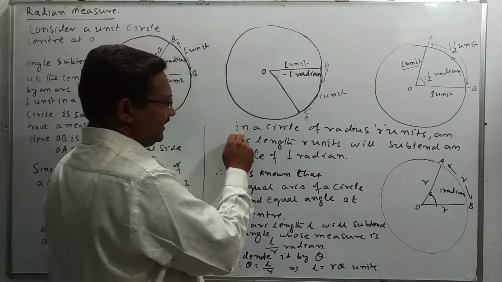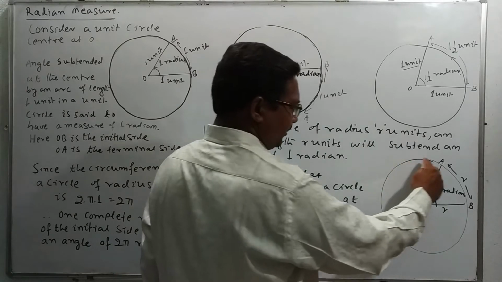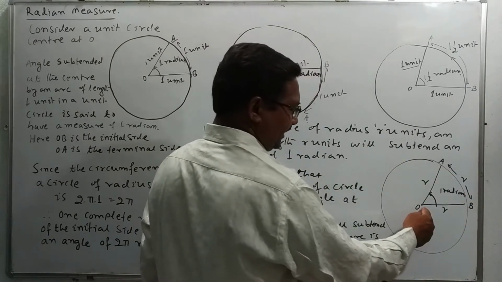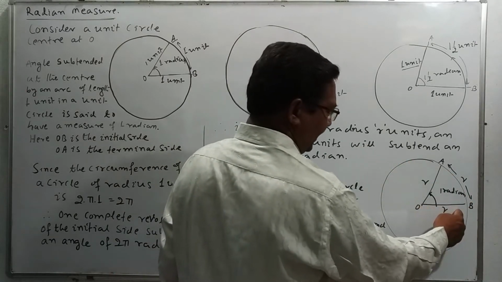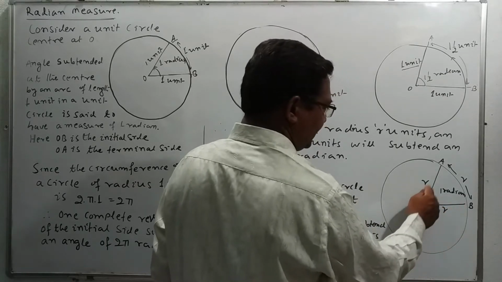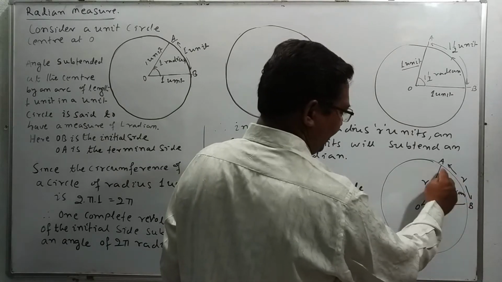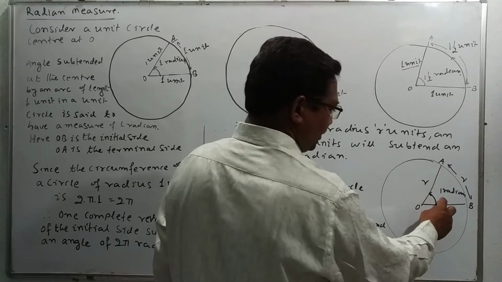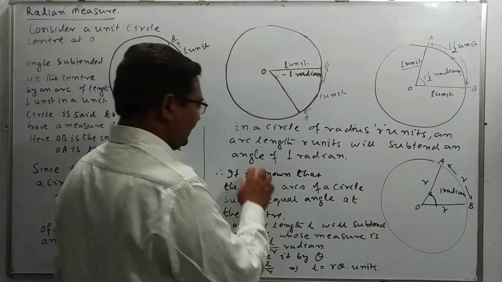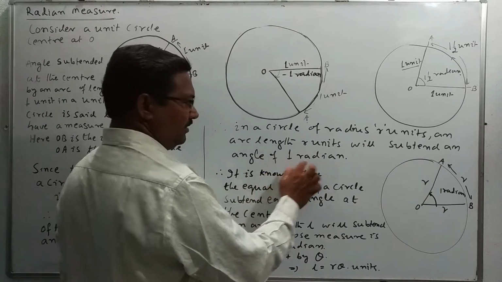You see, in a circle centered at O with radius r units, OB the initial side is r units, OA the terminal side is r units, and the arc length AB is r units. It subtends 1 radian.